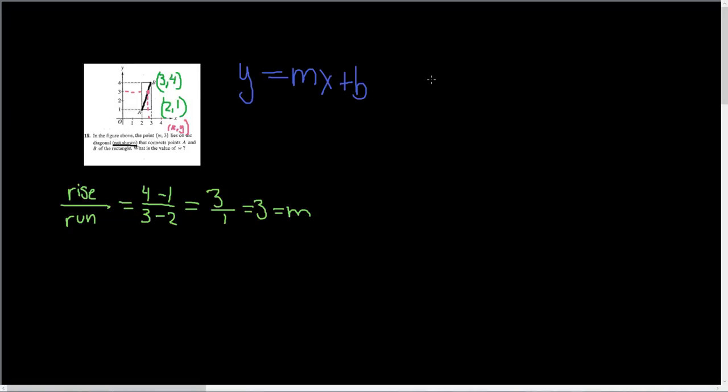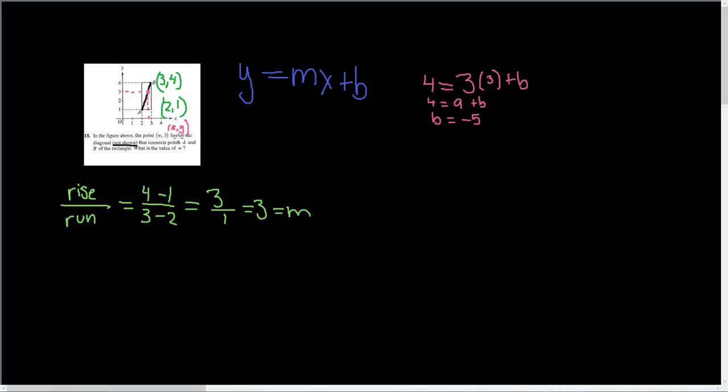The y value, 4, is equal to m, which we just calculated, 3, times x, which is our 3 here, plus b. So 4 is equal to 3 times 3, which is 9, plus b, and we can gather that b is equal to -5. So now we have both our slope and our y-intercept.